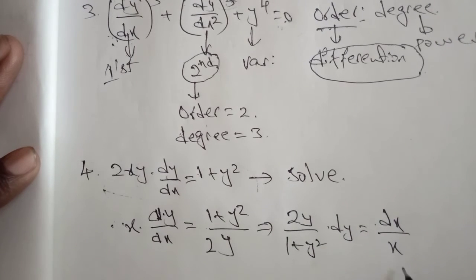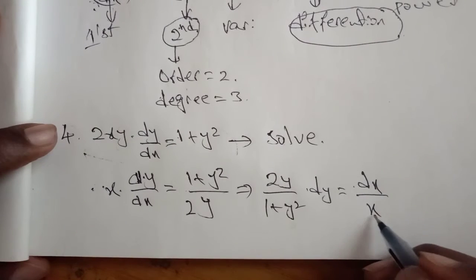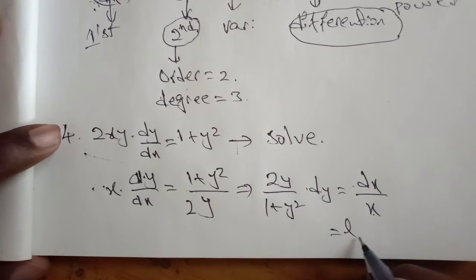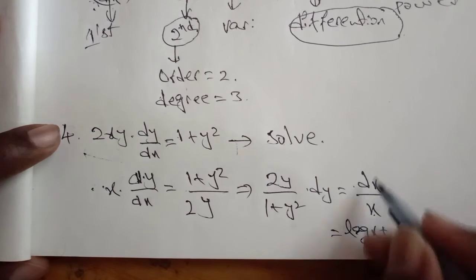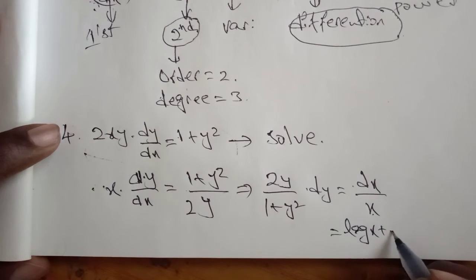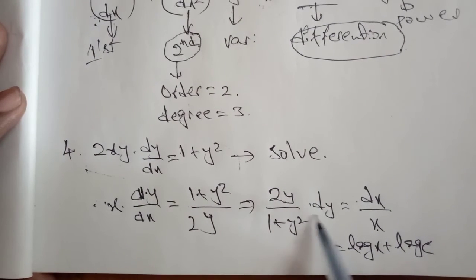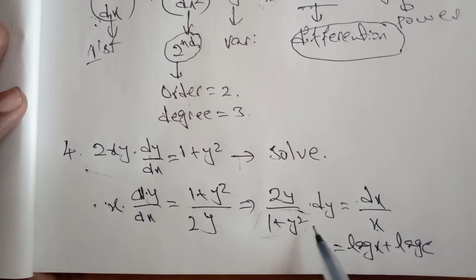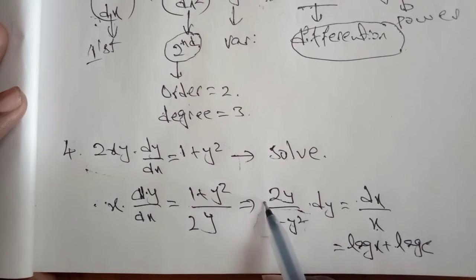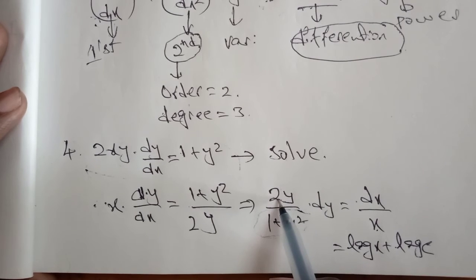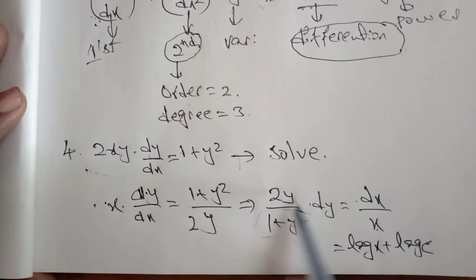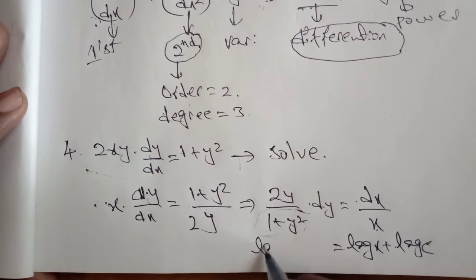As we integrate, dx by x becomes log x, plus as a constant we write log c. On the left hand side, we consider 1 plus y square as t. The exact same term appears in the numerator as its derivative, so we can simply write log (1 plus y square).